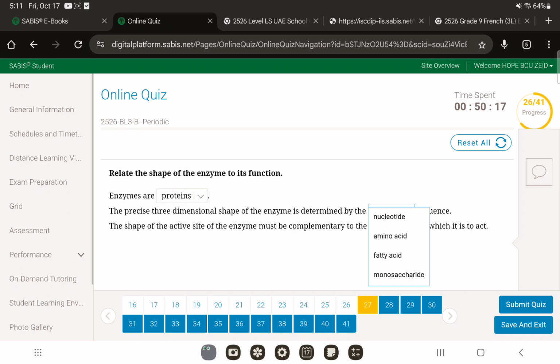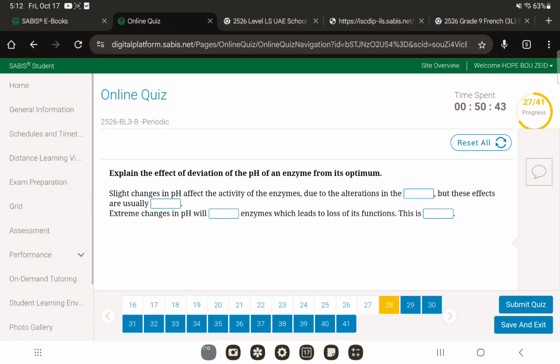This is just a fact. The precise three-dimensional shape of the enzyme is determined by the amino acid sequence, just like proteins, because they are proteins. The shape of the active site of the enzyme must be complementary to the substrate on which it is to act.